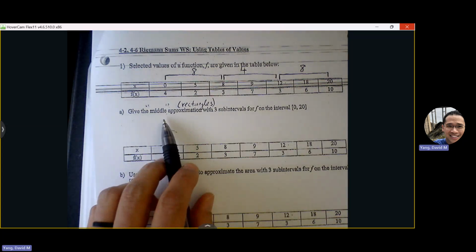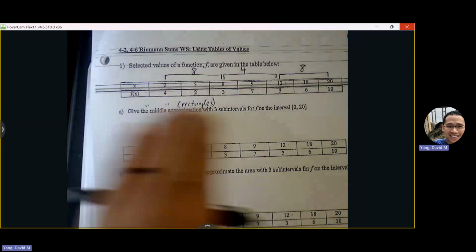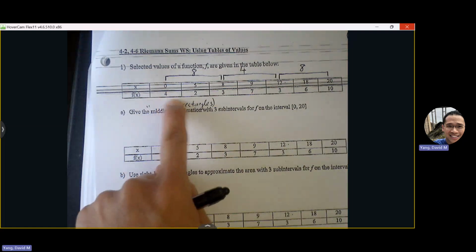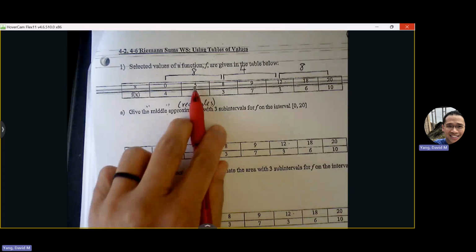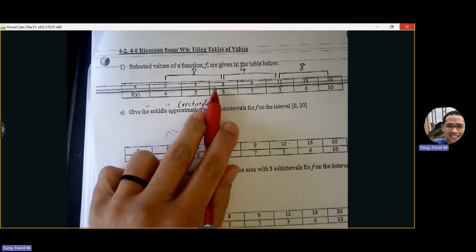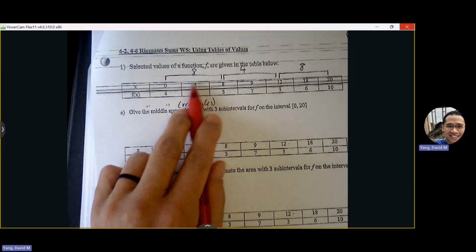Now, to find the heights, it's going to come from your second row. So middle, it's going to come from this 5 here. I know 5 is not quite the midpoint from 0 to 8, but we don't have to worry. As long as we're just going to use whatever is in between.